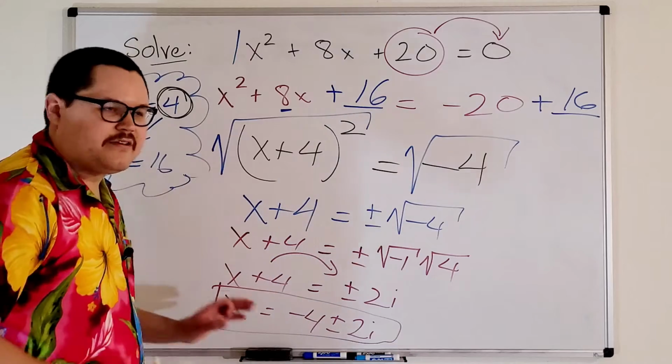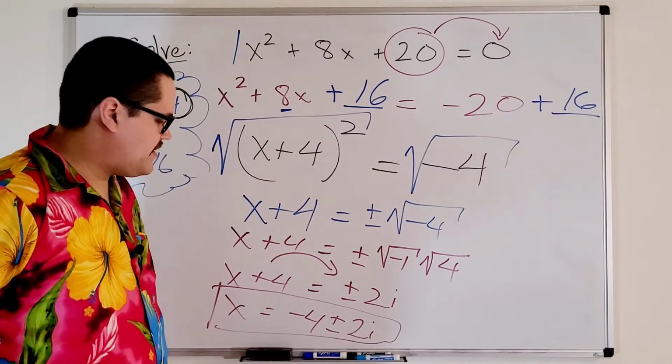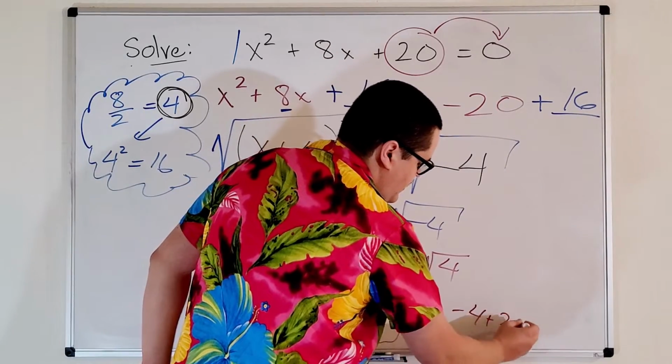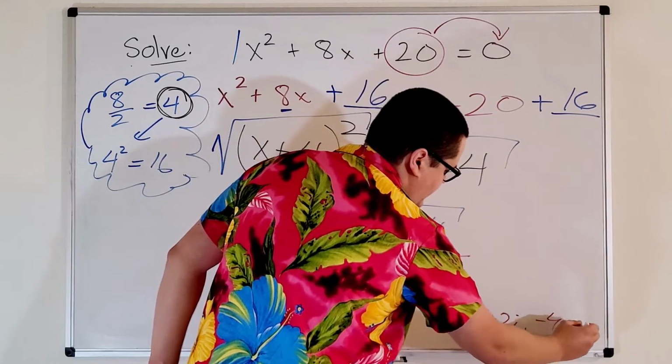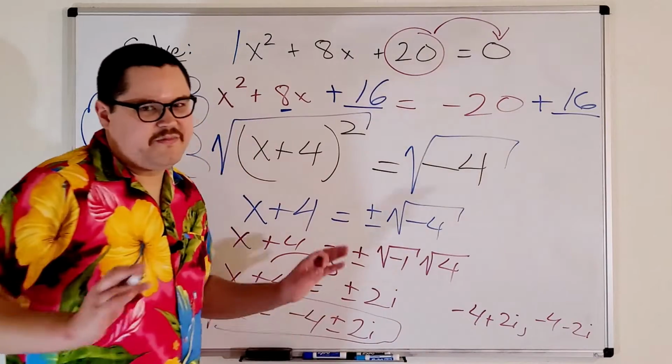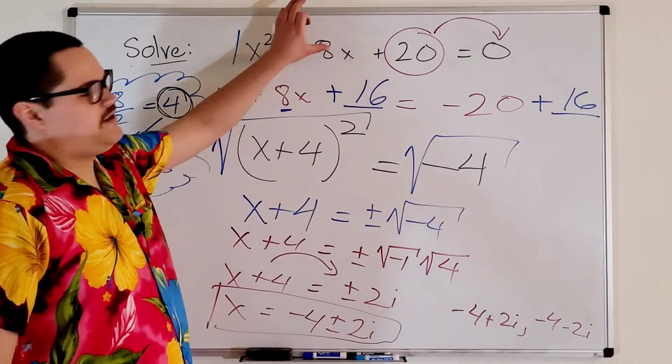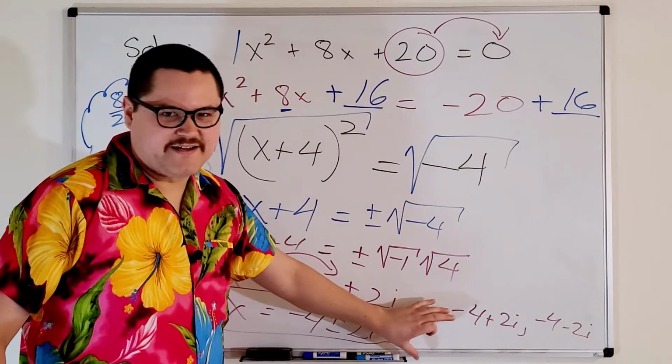So these are the two solutions to the original equation, namely negative 4 plus 2i and negative 4 minus 2i. It would be a very tedious exercise, but as always, you could plug those in and they would satisfy it.